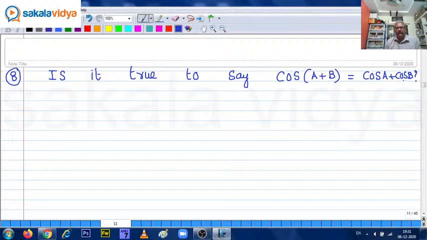Cos a plus cos b. So will you try this question?